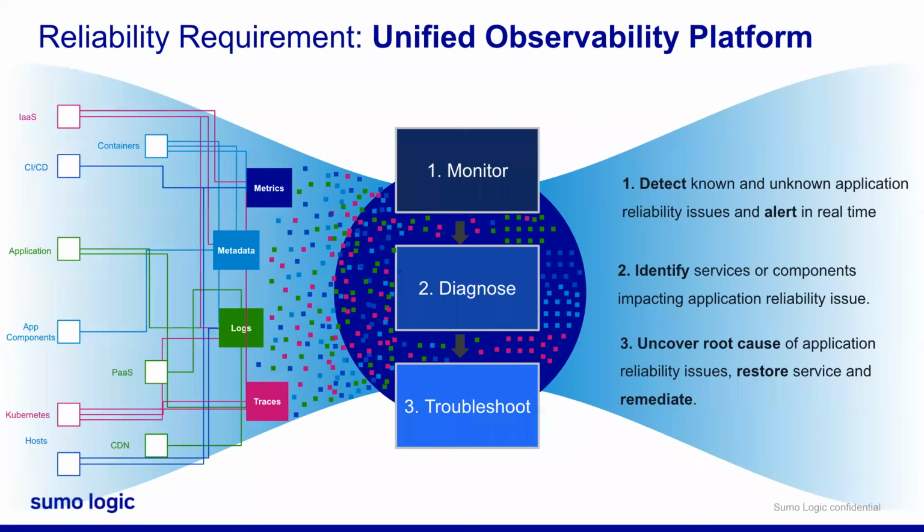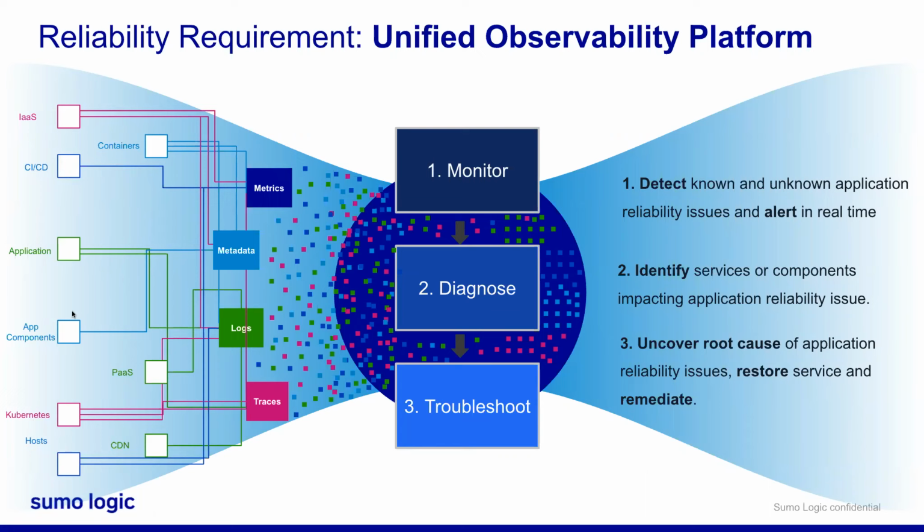So this next slide, very similar to the previous slide, talks about end-to-end reliability and brings it into a unified observability platform. On the left-hand side of the screen, we're showing all the different environments that might be generating data. Data might be coming from your hosts, your servers, your applications, components, AWS, Kubernetes, et cetera.